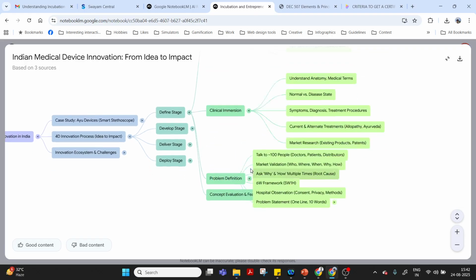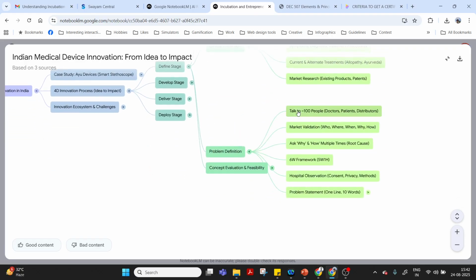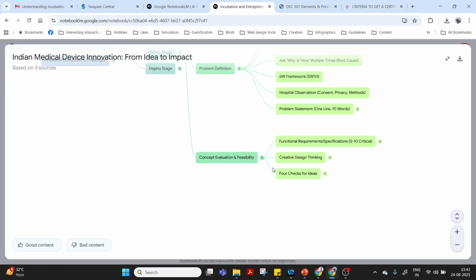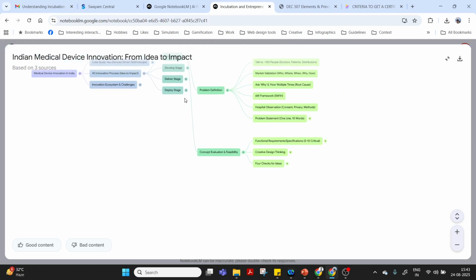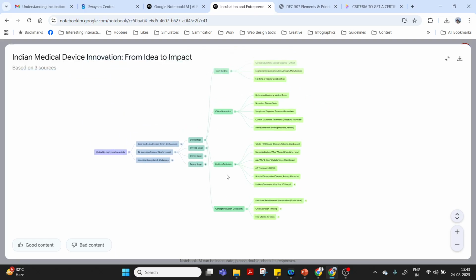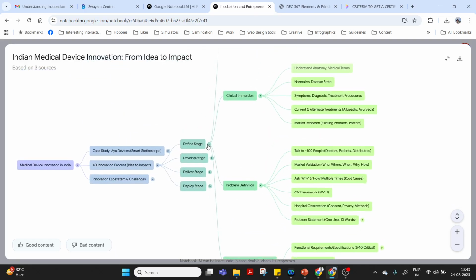Clinical immersion is one of the critical aspects. For problem definition, they say you talk to at least 100 people. Then you have the four checks and the creative design thinking. So this was all a part of the define stage.